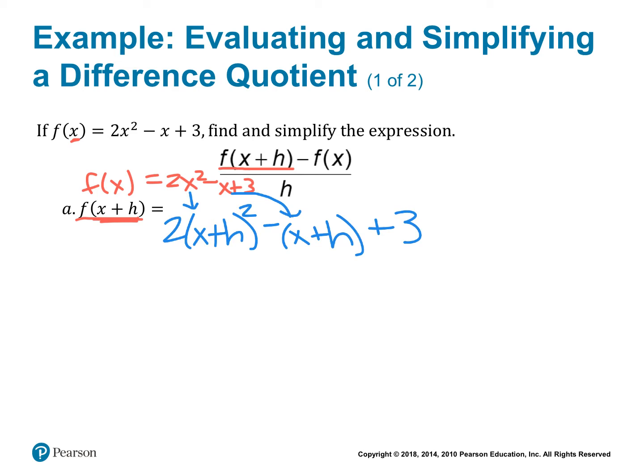So now we need to be careful here, x plus h squared. Let me do that off to the side. X plus h squared means x plus h times itself. So I'm going to use FOIL.